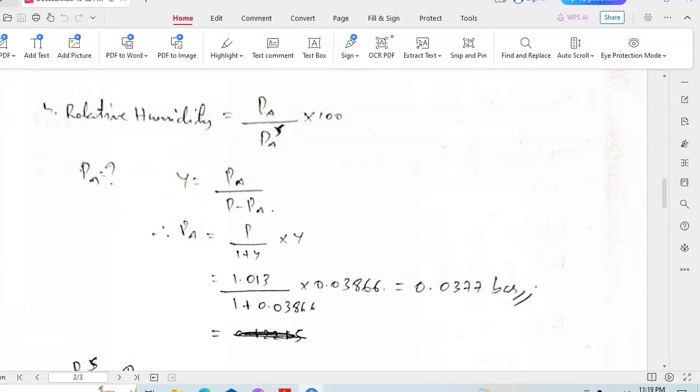We already know that the molar humidity Y is equal to PA by P minus PA. We already found the Y value is equal to 0.0366 kilomole water vapor per kilomole dry air.